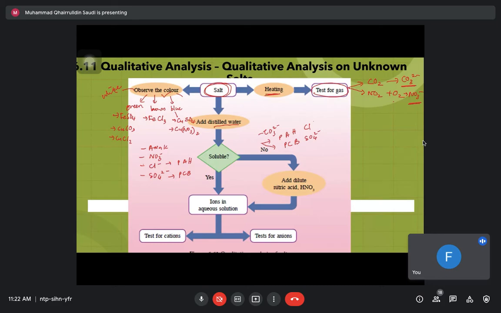Okay, so kalau dia soluble, awak akan dapat ions dalam aqueous solution dan awak akan test for cation. Test for cation, kita guna sodium hydroxide or ammonia. And then awak test for anion, ni ada 4 test tu.